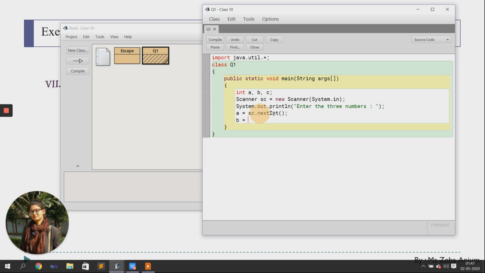The same thing goes with b, and this thing goes with your c portion.